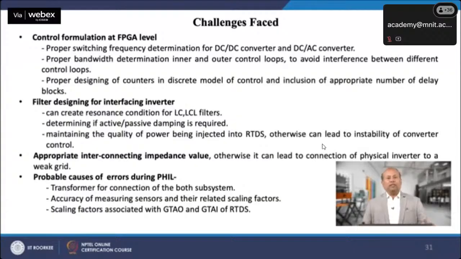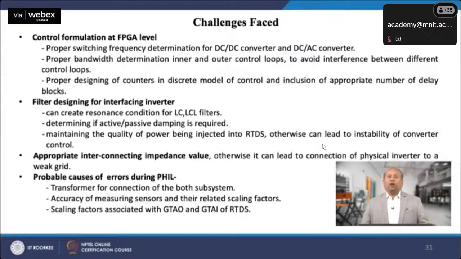While interfacing the VSG to the system in RTDS, it is equally important to decide the appropriate value of interconnecting impedance. This is due to the fact that a higher value of interconnecting impedance can result in connection to a weak grid.